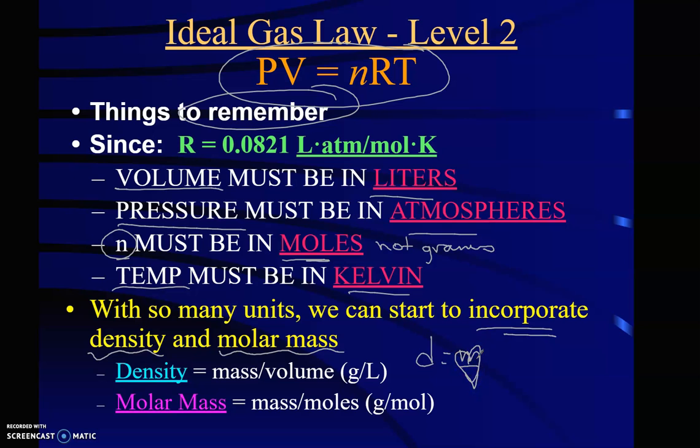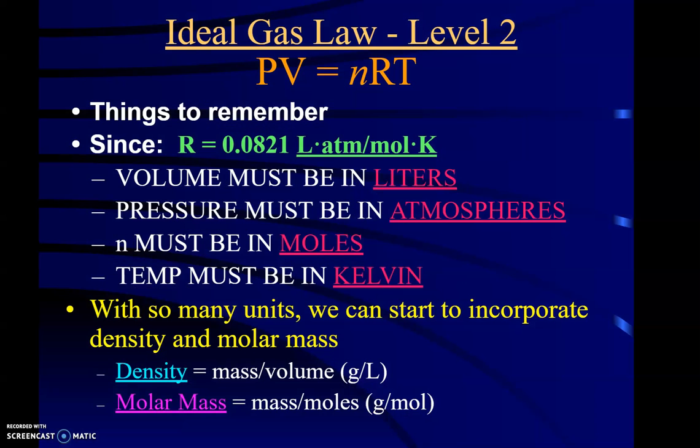Mass over volume, okay? In gases, since we are dealing with our volume in liters, you'll see it's in grams per liter. Before, when we had solids, it was usually grams per milliliter or cubic centimeters. And as always, we have our molar mass in grams per mole. So hope you have your periodic tables handy.